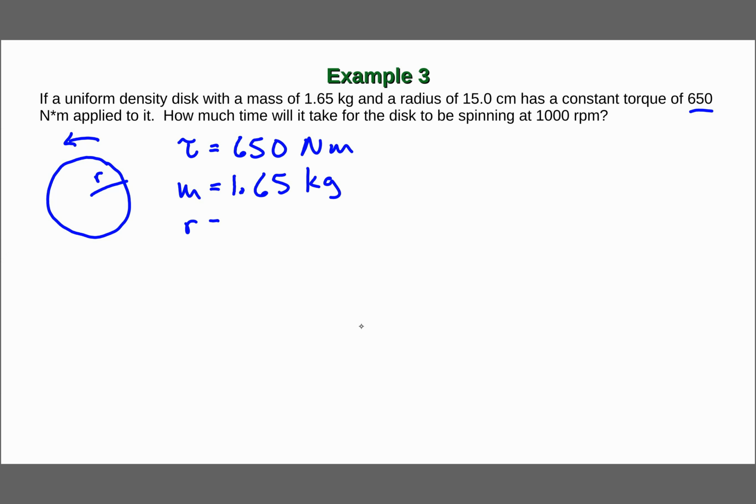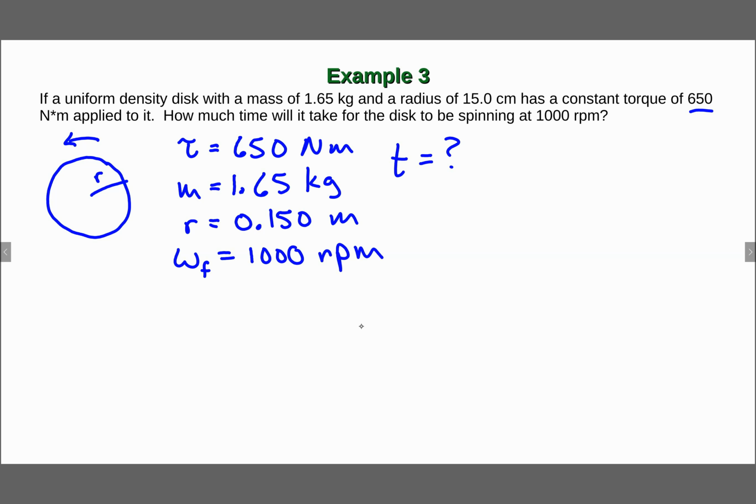We have a radius equal to 15.0 centimeters. And then we're going to have a final angular velocity of 1,000 RPM. Okay? And then it wants to know t equals what? Okay?